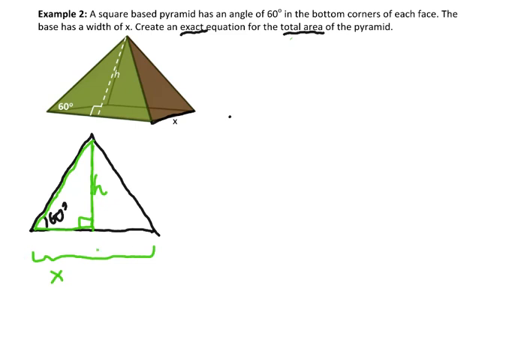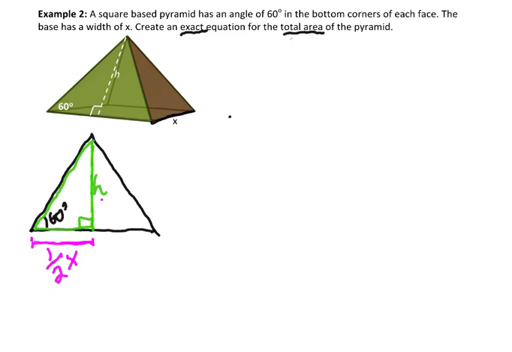If the entire base is x, then this distance right here, from here to here, well, that must be half of x, right? If the whole thing is x, I'm looking at half of x for this little piece. So this must be half of x if the entire distance across is x.